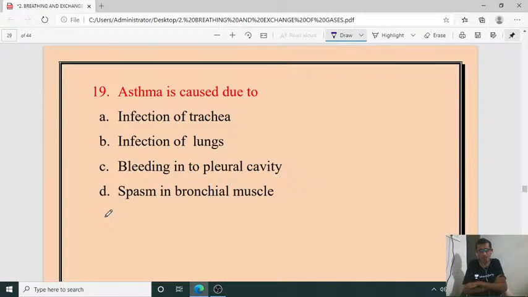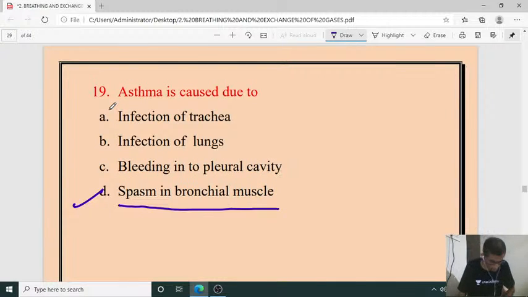As a result, the proper contraction, relaxation and proper functioning of the bronchi will be badly affected, resulting in asthma. So there is blockage or difficulty in movement of air in the air passage, and chest cavity pain will be there. So the right answer is D for the 19th one.